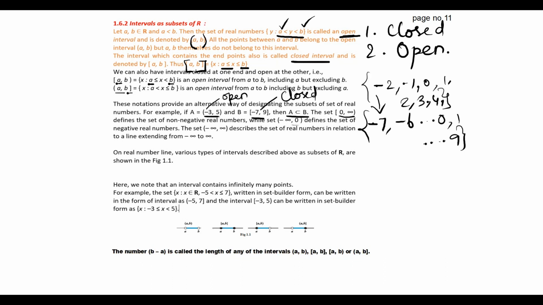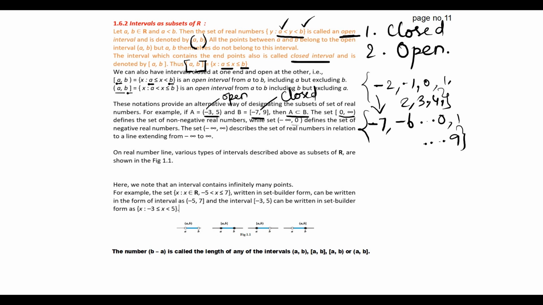Consider one more example: A is equal to minus 3 comma 5. Here both are open, so I consider only the elements between minus 3 and 5, and not minus 3 and 5. So minus 2, minus 1, 0, 1, 2, 3, 4. Whereas in the case of B, it is a closed one, where I have to consider both minus 7 and 9.